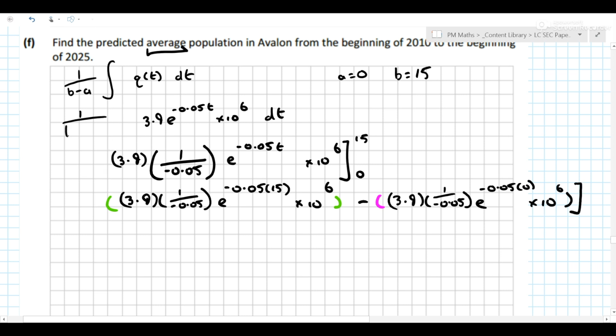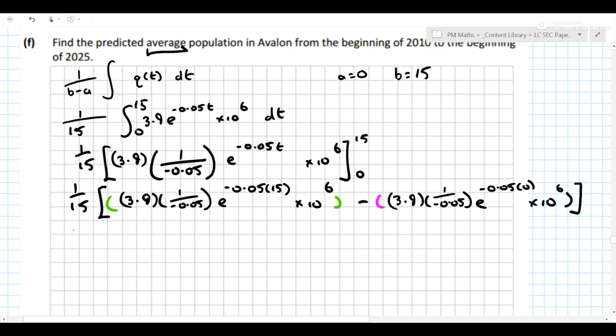I've just lost a little bit, but hopefully I can write it in. Between 15 and 0, with 1 over 15 out the front. And we're back to being what we had, I think.